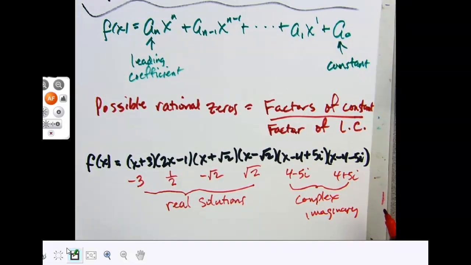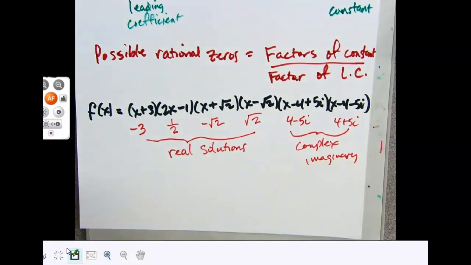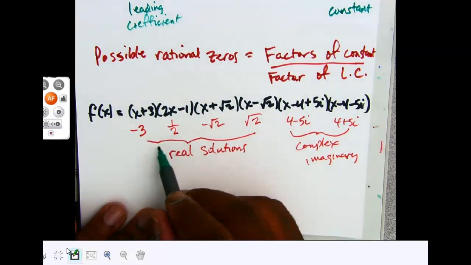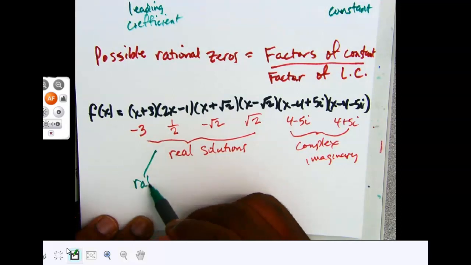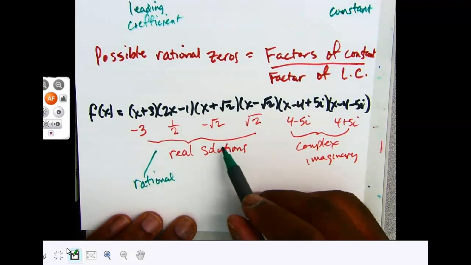Now, out of our real solutions, we have rational and irrational. So these are real. Irrational numbers are also real numbers. So the -3 and the 1/2 are rational solutions. It's a ratio.